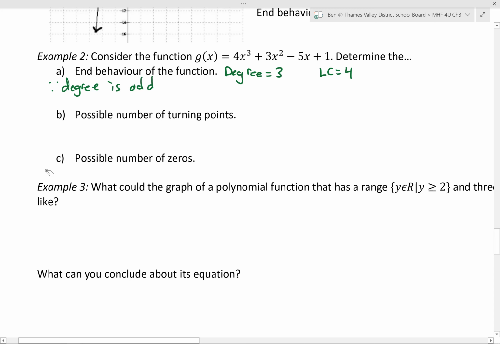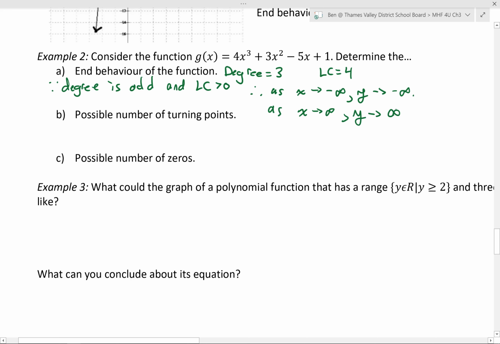So since our degree is odd and our leading coefficient equals 4, our leading coefficient is greater than 0, then we can say as x approaches negative infinity, y will also approach negative infinity. We can say as x approaches positive infinity, y approaches positive infinity.